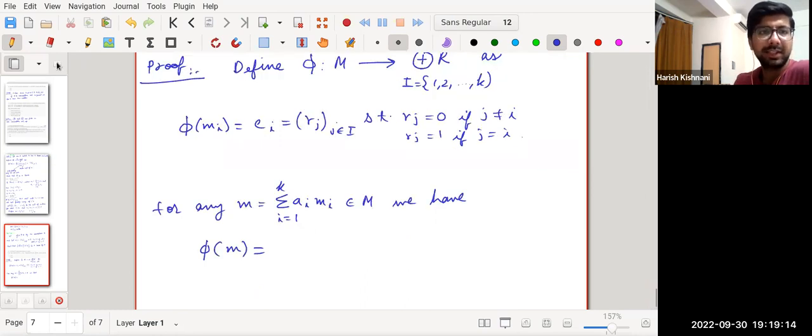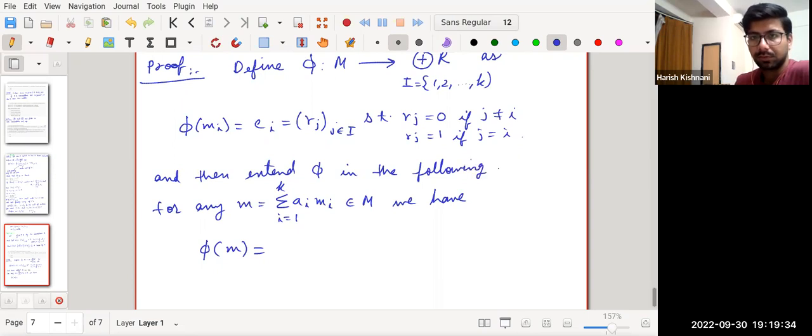So we define it for basis elements, and then we can extend phi in the following manner. So for any m which is a linear sum of these M_i's, we have phi of m to be just the summation of i equal to 1 to k, a_i phi of M_i.